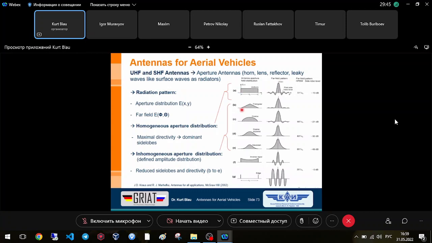You can achieve, for instance, a triangular distribution or cosine or squared cosine or Gaussian. This is also not possible because of the amplitude or magnitude at the edges of a reflector. But you can realize all these distributions if you use, for instance, an array consisting of n single elements.